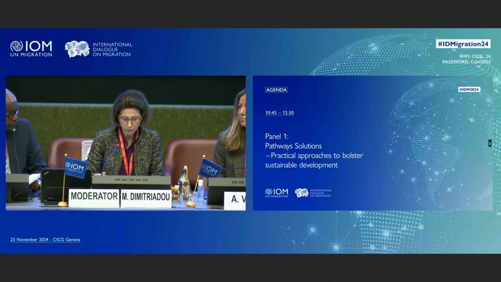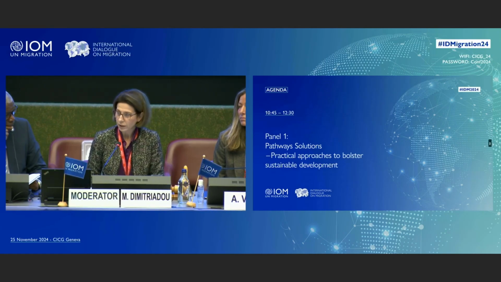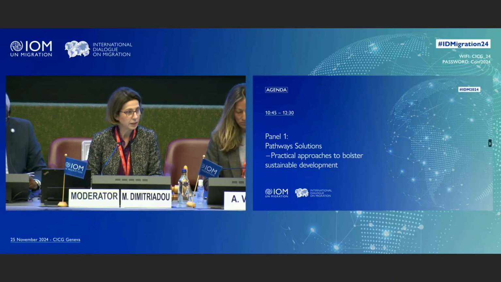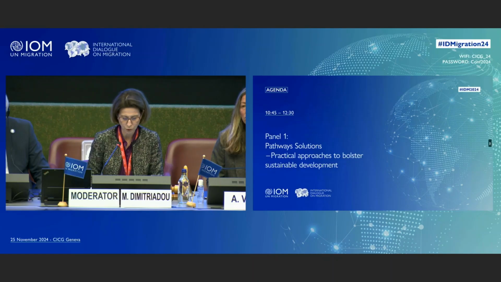To transform regular migration pathways into true development pathways, there is need for an ecosystem of responsive governance arrangements, robust cooperation, and meaningful partnerships that can balance the priorities, needs, and expectations of a diverse range of stakeholders as we have in the room today.